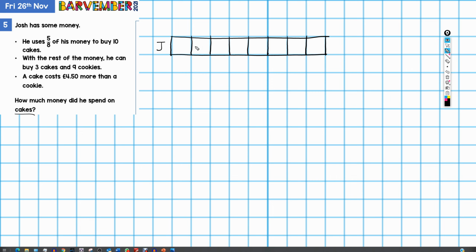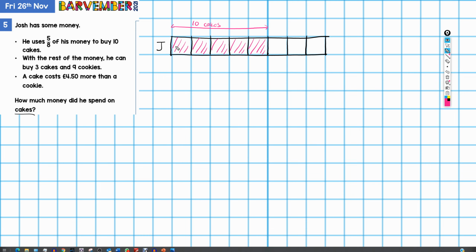That's all his money. And he uses 5/8 of his money to buy 10 cakes. So that's 1, 2, 3, 4, and 5. So that is 10 cakes.